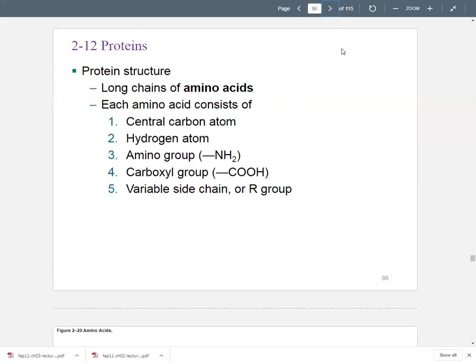We'll have a hydrogen atom, an amino group, which is NH2, a carboxyl group, which we learned is COOH, and a variable side chain or R group. So that's what changes. The other ones, really 1 through 4, are going to be the same for every amino acid. What's different will be number 5.